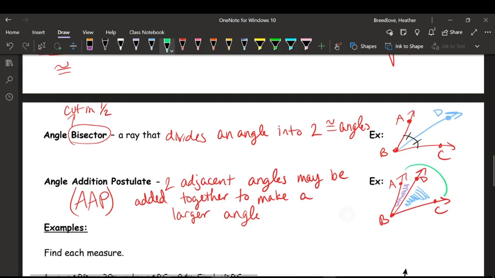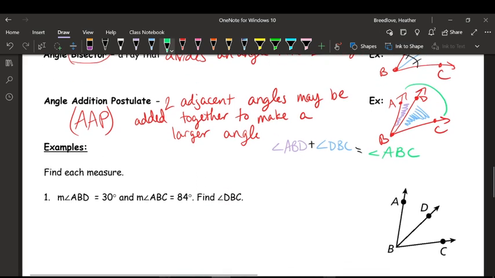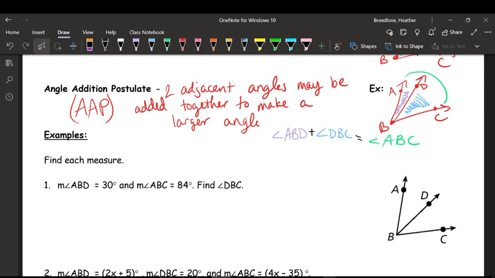And to write that out, I would write angle ABD plus angle DBC equals angle ABC. So I made an equation using that idea. The two little ones can be added together to make the big one. Alright, so that's the idea.